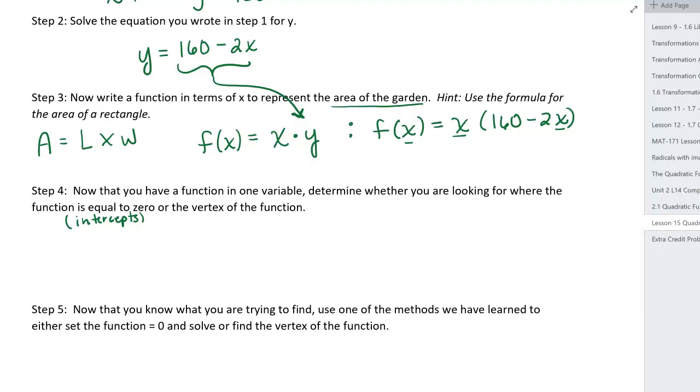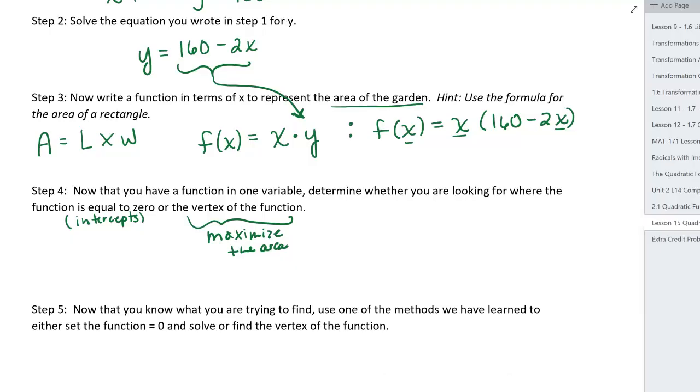So because we are asked to maximize the area, that is an indication that we are looking for the vertex. If we were looking for the intercepts, well, that is where this function would cross the x-axis. So that was where y would equal 0. But that is not the case for this example.